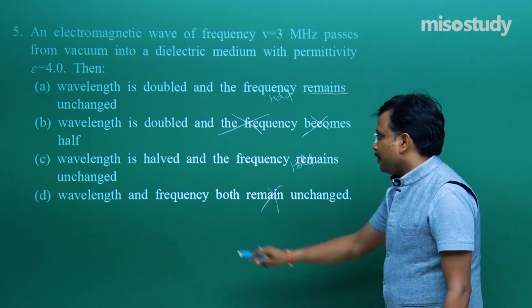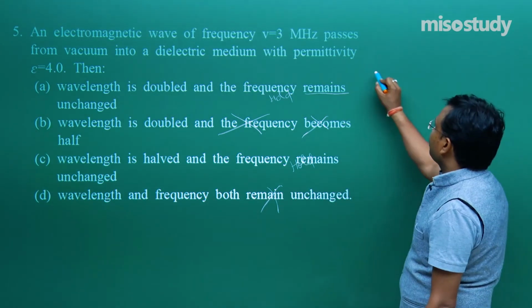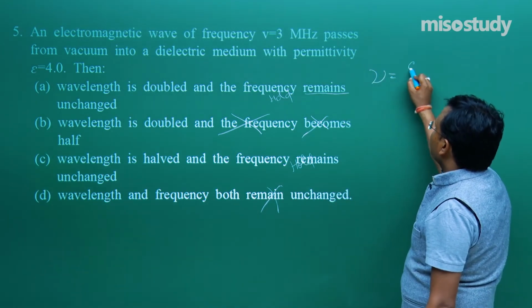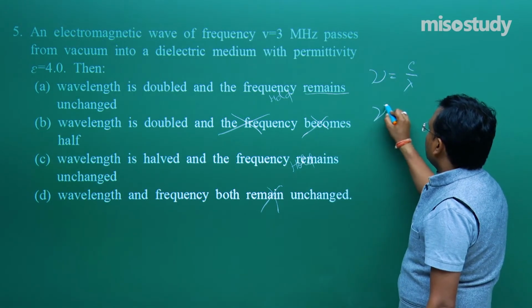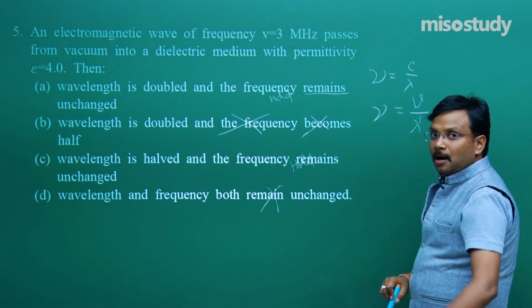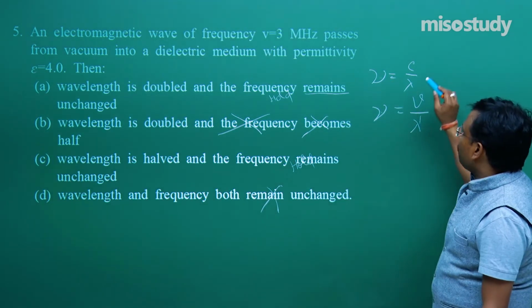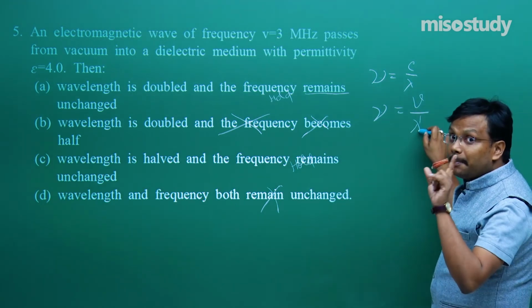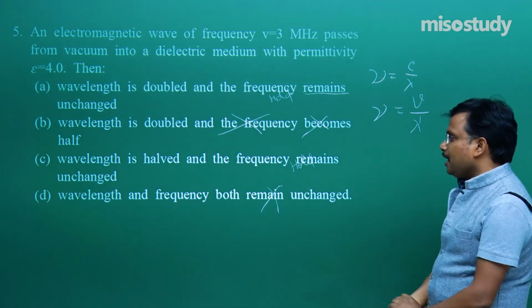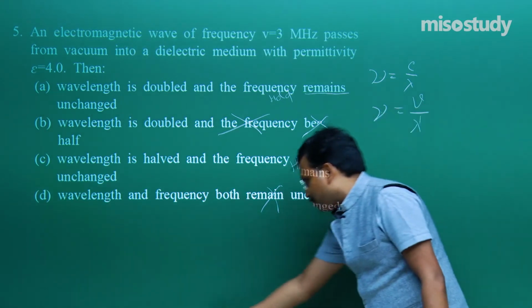Why? Frequency remains unchanged, but there are 3 quantities: nu is equal to C upon lambda, and then nu is equal to V upon lambda prime. Because this is fixed, same, if V is changing, lambda will have to change, and this fourth option is saying lambda is unchanged. So this fourth option is also not possible.